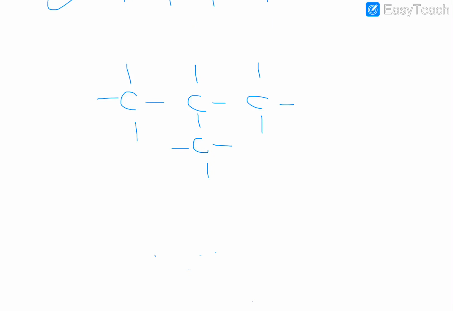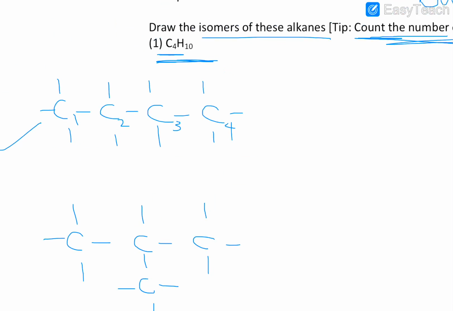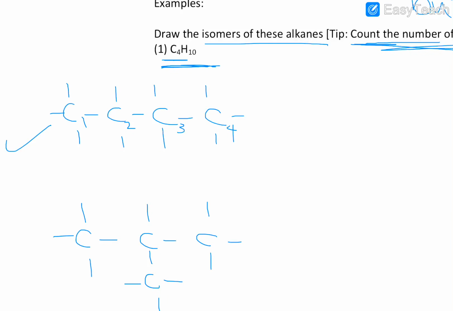So we have 4 carbon, 3 carbon. And that's it. Anything else will be the same as these two. If you can figure out something that's different, just let me know. Okay, so then you fill in with H's.